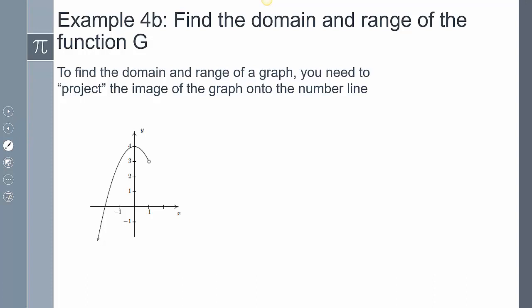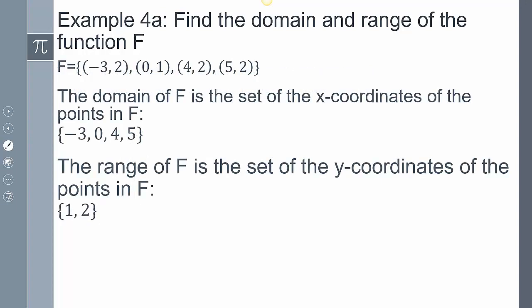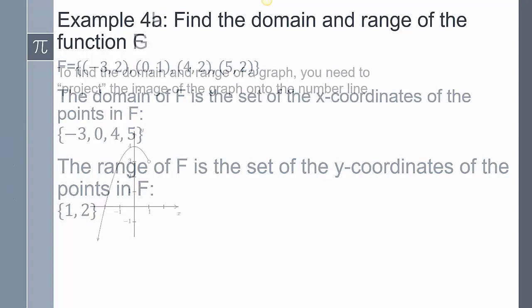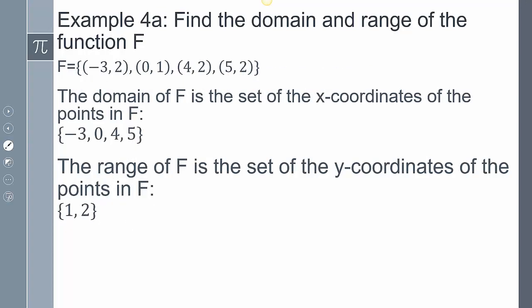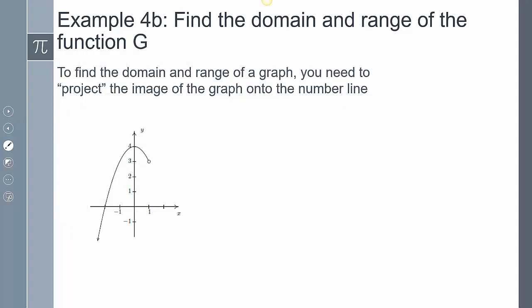Now, the reason why this example seemed easier versus this example is this one was very concrete. I have exact points here, and from those exact points, you establish what the domain is. From those exact points, you establish what the range is. But for here, I have an x value here and here and here, and it just keeps going on.